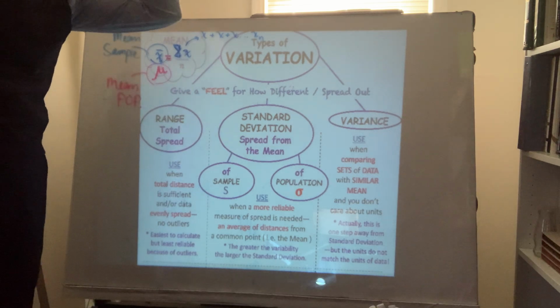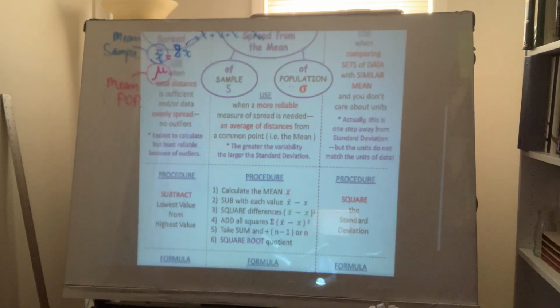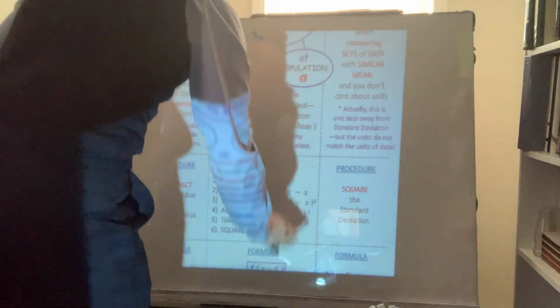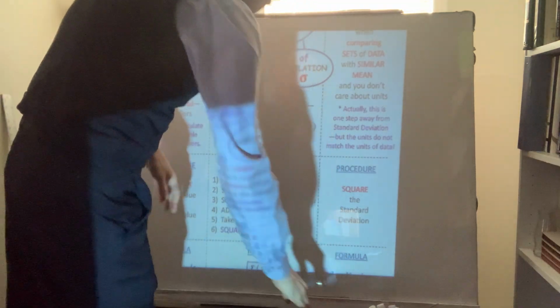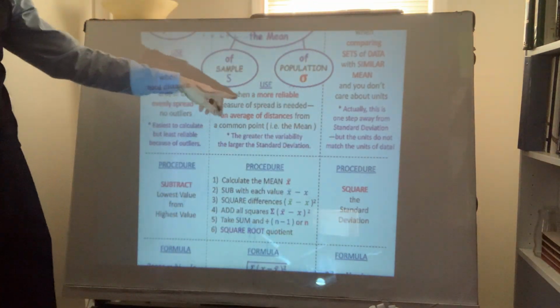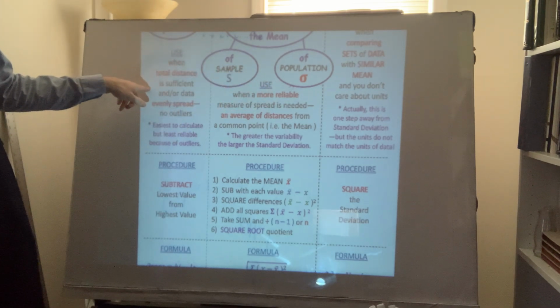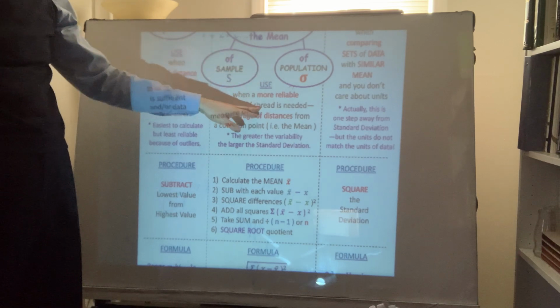Now, when to try this. The standard deviation is useful when you want something more reliable than the range, which is very unreliable, as a matter of fact. It's a more reliable measure of spread.